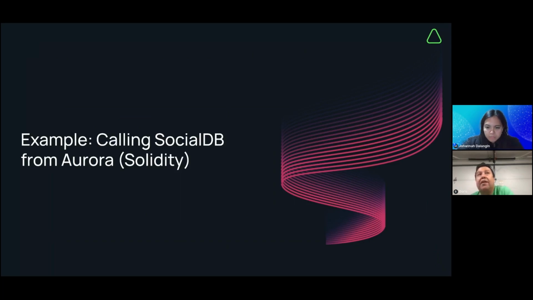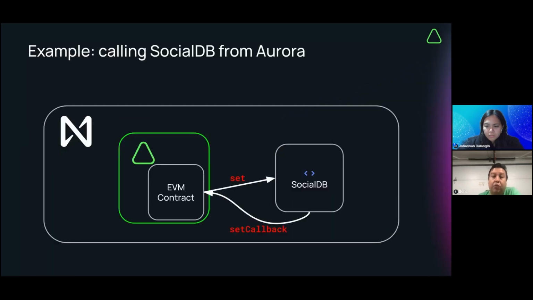So it's a very efficient way to store data on chain. In these samples, you should be able to call the SocialDB contracts from the EVM contract in Aurora. This is the basic idea, and the architecture is all very standard.